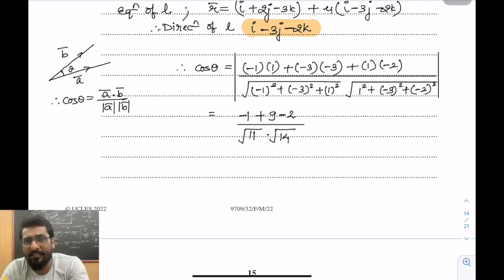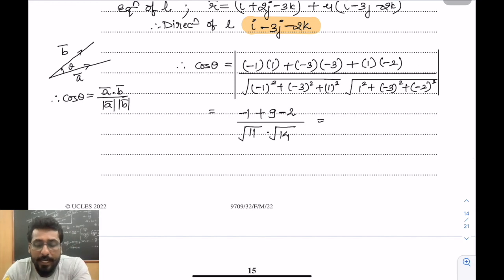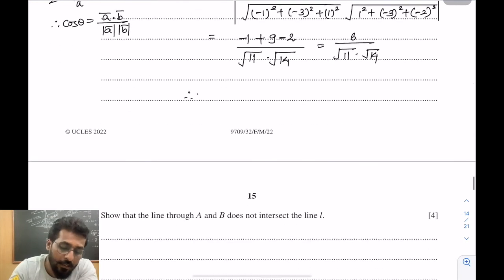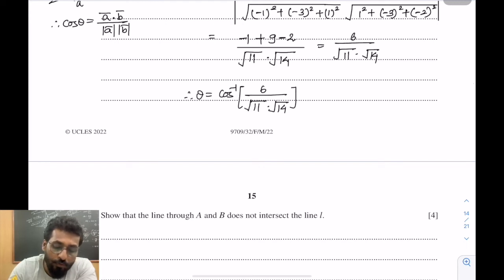Squares of negative numbers are simply going to be positive. So it's going to be 9 minus 3, that's 6. So 6 divided by root of 11 into root of 14. So I'm going to get theta as cos inverse of 6 over root of 11 into root of 14.